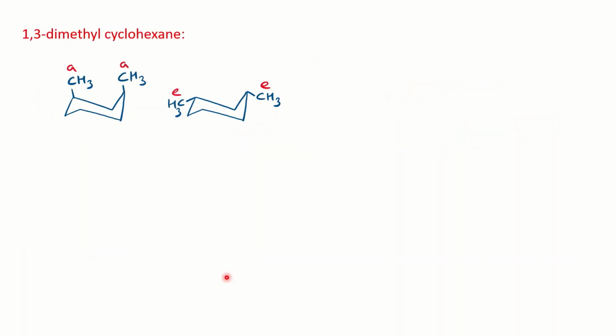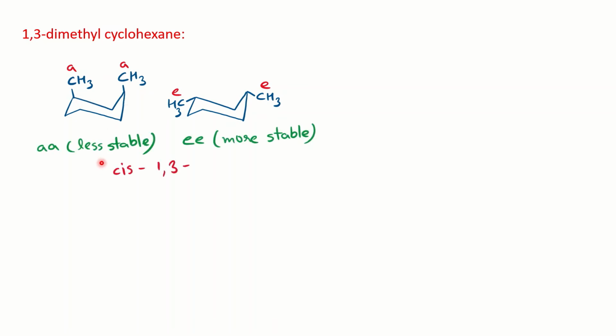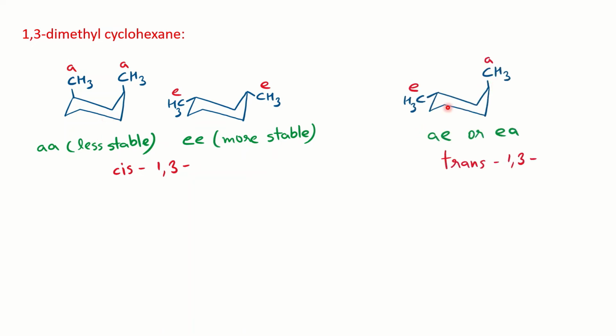We can notice that in this example. So 1,3 dimethyl cyclohexane, you can notice this is a reverse of the previous two examples. Now in this, the cis isomer is either AA or EE. At the 1,3 position, EE is more stable because there is no 1,3 diaxial interaction as compared to AA. While for trans, you have only the possibility of AE or EA, and you have a total of two 1,3 diaxial interactions.